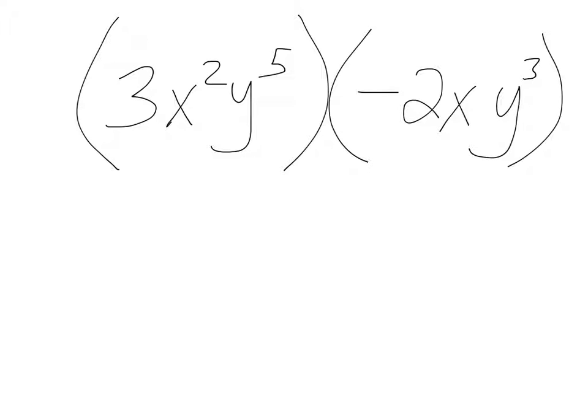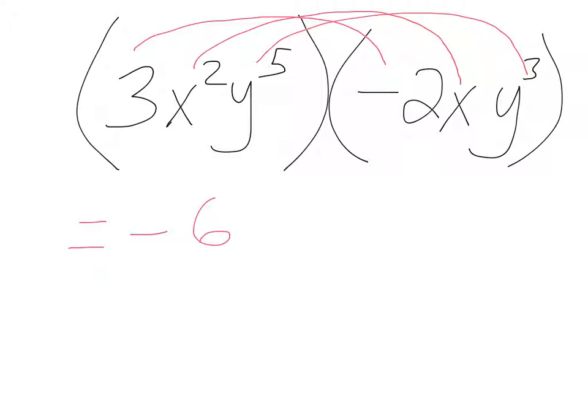So when you have something like this, remember, likes times likes. Numbers times numbers, so that's negative 6. X's times x's, so x squared times x to the 1. There's an imaginary 1 there.